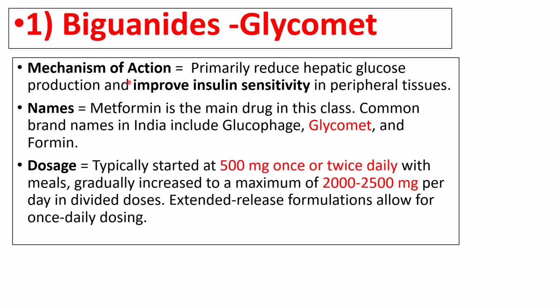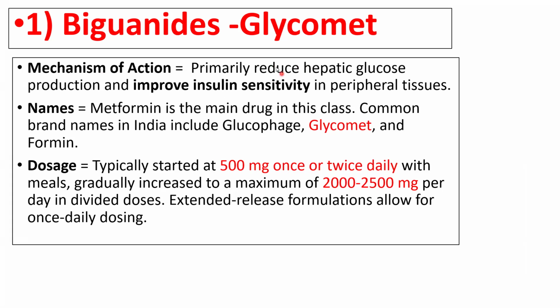Excessive sugar is stored in the liver. The name of the stored glucose is glycogen.